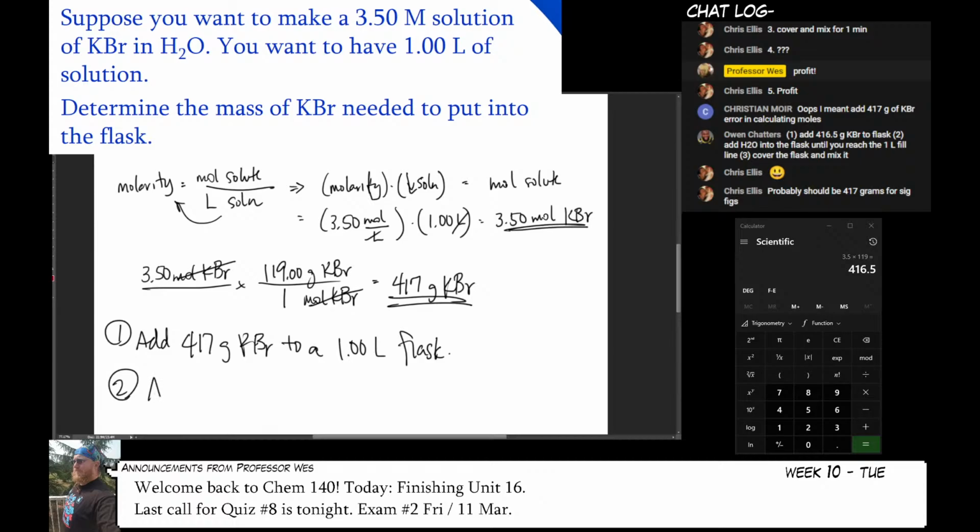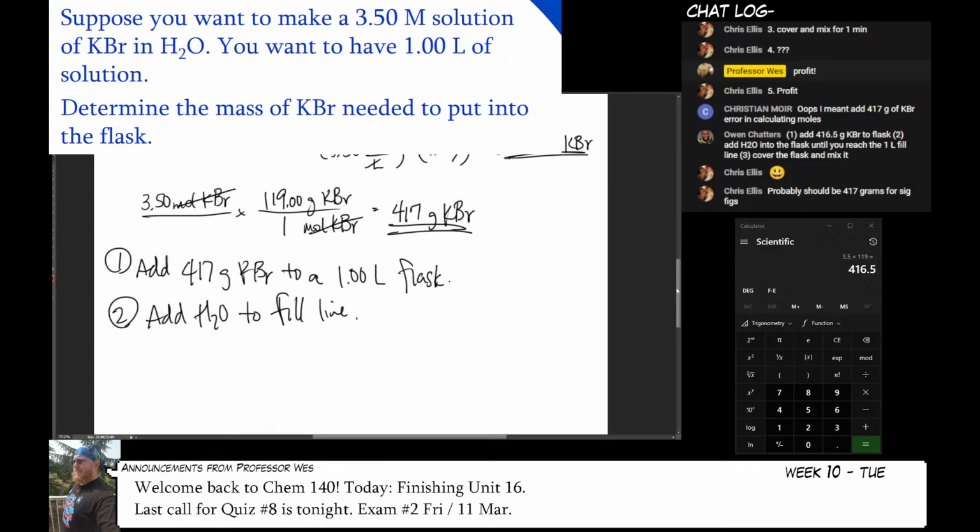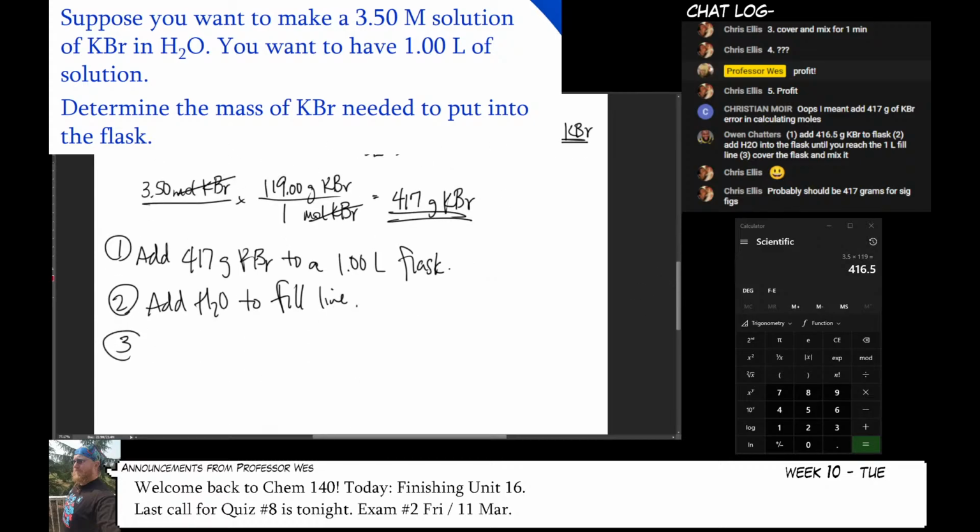And then step 2 is add H2O to the fill line. And then step 3, mix for 60 seconds and enjoy. Or question mark, profit. That works too.